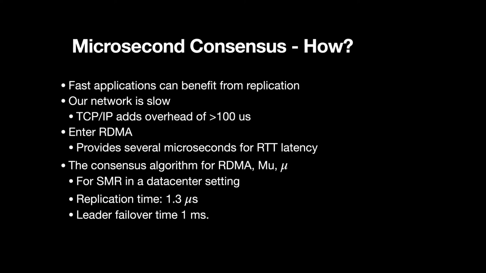However, if the applications are microsecond level, then the replication should be at the microsecond level as well. Otherwise, any performance gains in the application, any optimizations that you do in its code, would be negated by the replication layer.